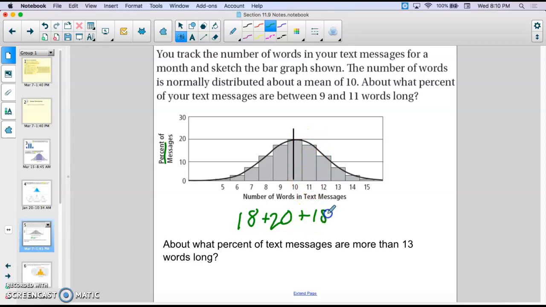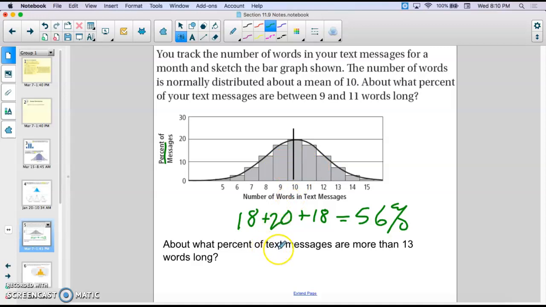Again, 18%. We add all those together, looking for the total percent, and that's 56%. So 56% of the text messages are 9 to 11 words long.